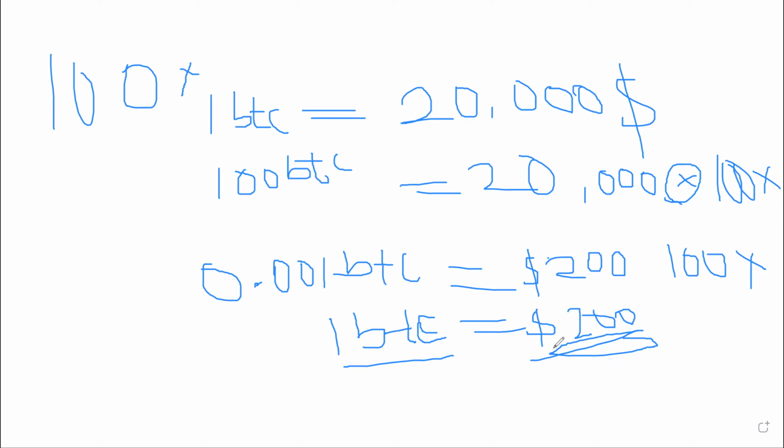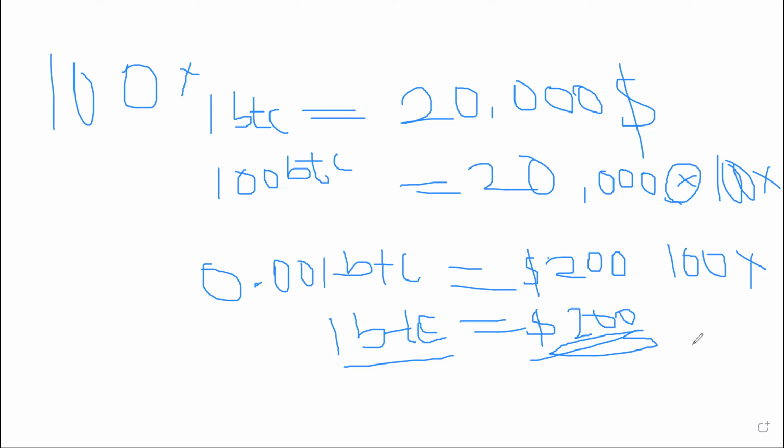But this $200 is your margin. No matter what you do, you must ensure that your loss does not go below $200, or else you'll be liquidated. I will talk about what liquidation is. To use a straight word, you will lose this money.